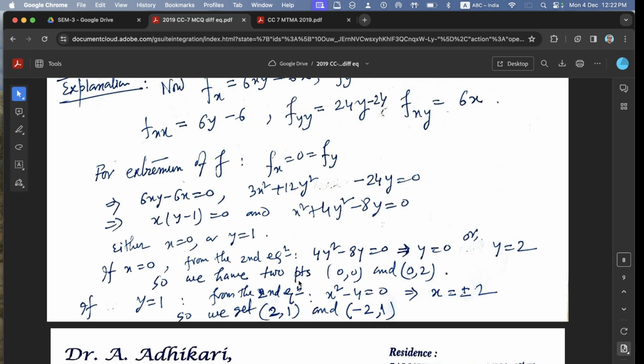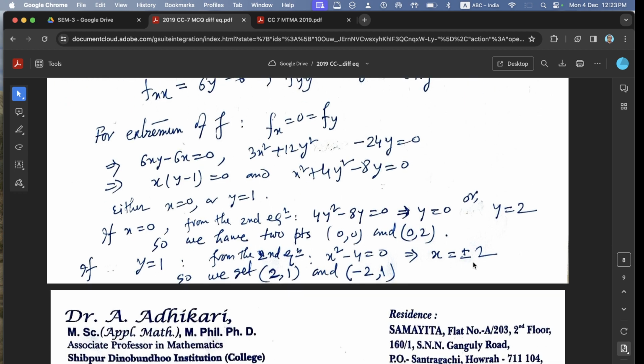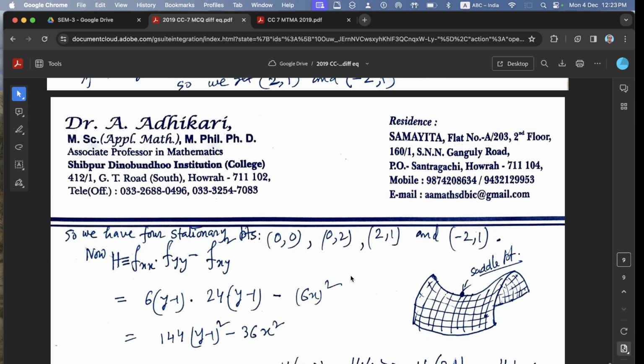So we have two stationary points here, (0, 0) and (0, 2). If we put y equals 1 in the second equation, we get x equals 2 or minus 2. So we get (2, 1) and (minus 2, 1). So there are four stationary points: (0, 0), (0, 2), (2, 1) and (minus 2, 1).